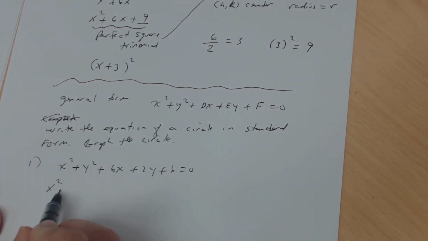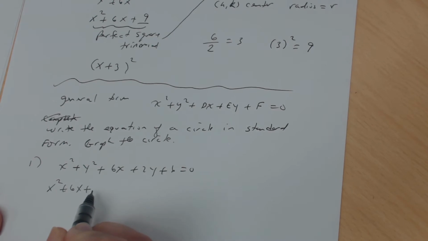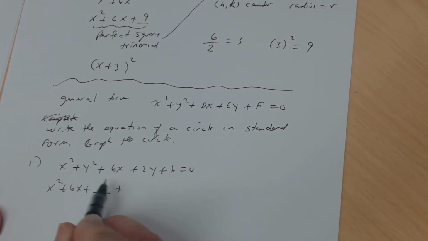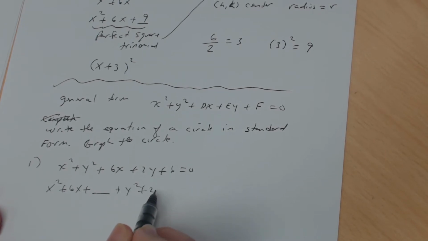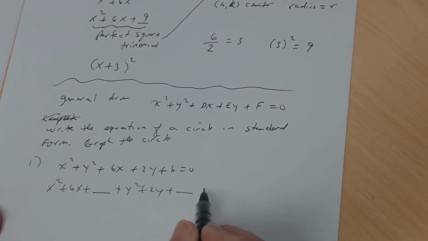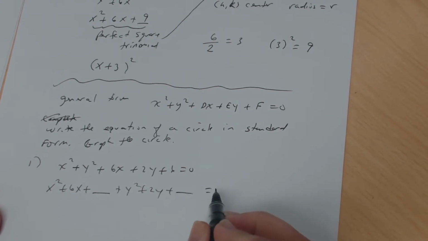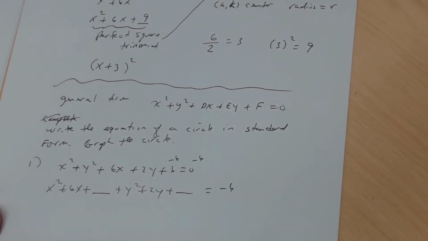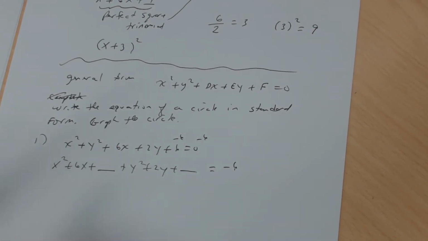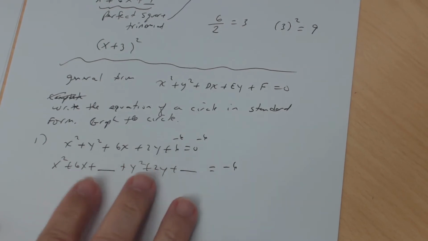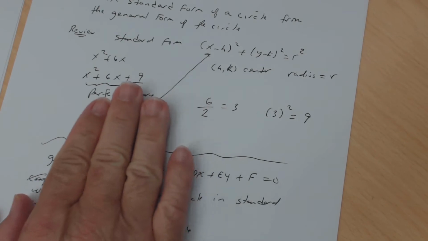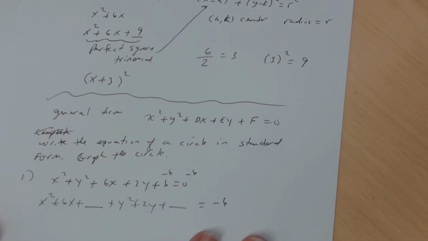You're going to say x squared plus 6x plus, leave a blank, and then plus y squared plus 2y plus blank equals, and when you bring the 6 over, you subtract 6, so it becomes negative 6. All right. So you complete the square in the x's, and you complete the square in the y's. You can complete the square twice when you're dealing with a circle. It's fairly simple. You just have to remember the idea about completing the square.